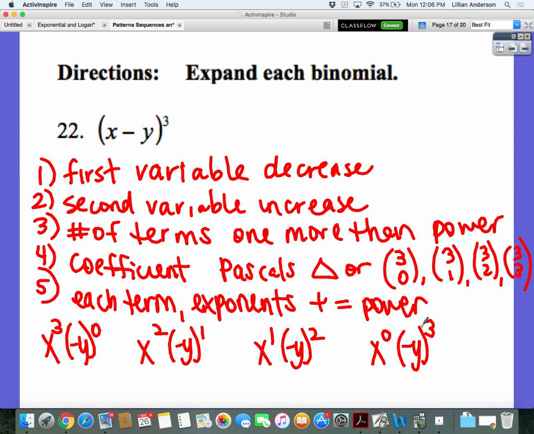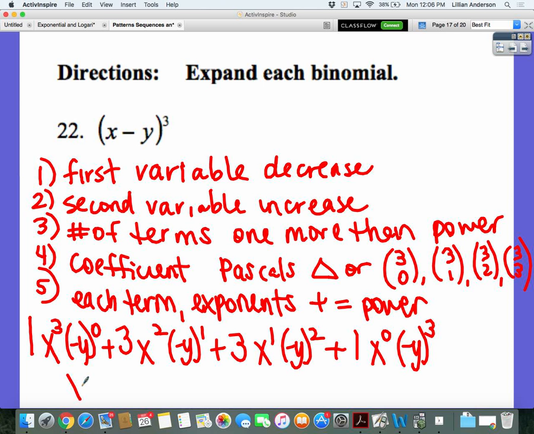Now, there's a reason why I put this in parentheses, because I don't want to forget about the negative when I'm raising it. If there was a coefficient, the coefficient is also being raised to whatever power the variable is being raised to. And if you notice, 0 and 3, 1 and 2, 1 and 2, 0 and 3, they all add up to be 3. And then your coefficients, Pascal's triangle says 1, 3, 3, and 1.